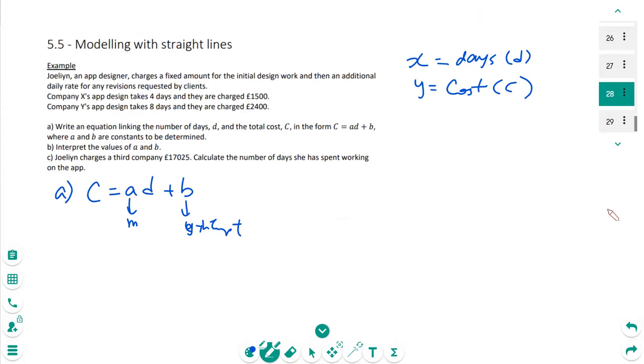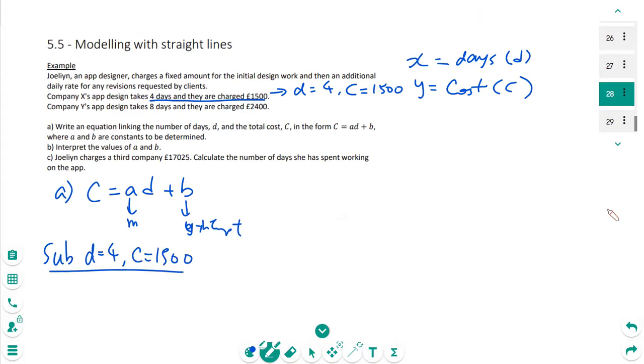So 4 days and 1,500 means D equals 4 and C equals 1,500. Substituting into the equation, you get 1,500 equals A times 4 plus B, which gives 1,500 equals 4A plus B.